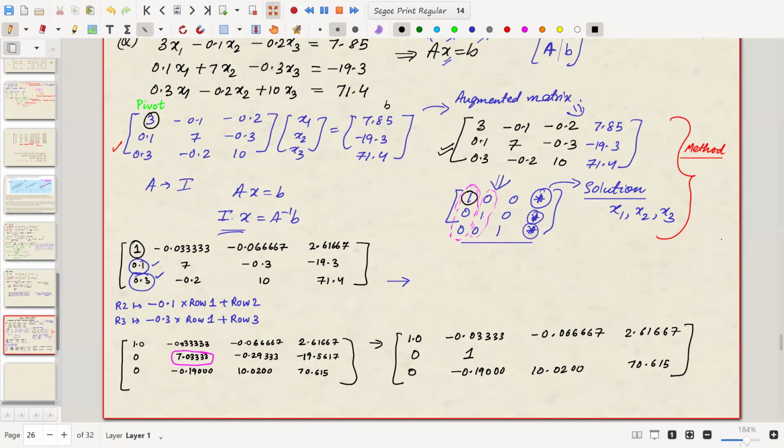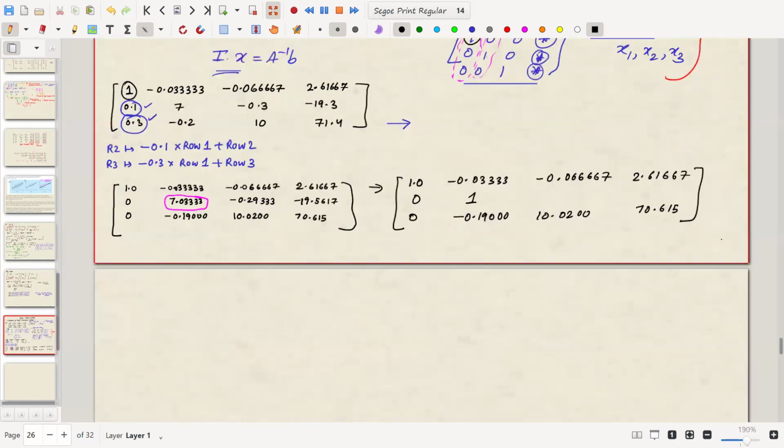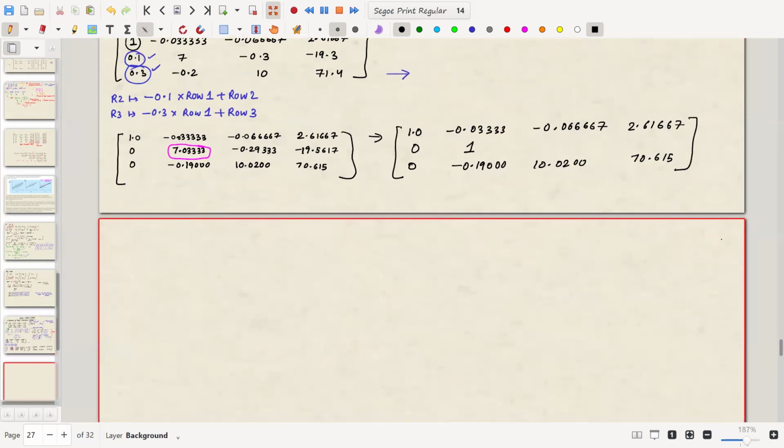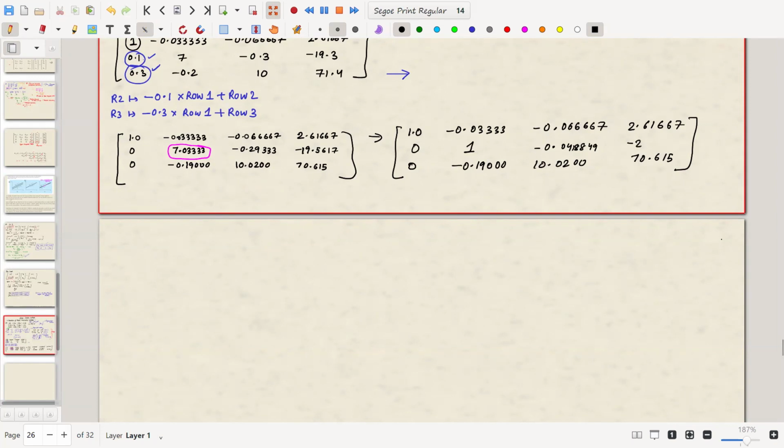What are these two elements? Let us say again minus 0.188 and this one minus 2.36.